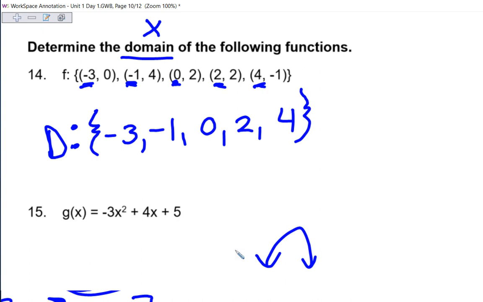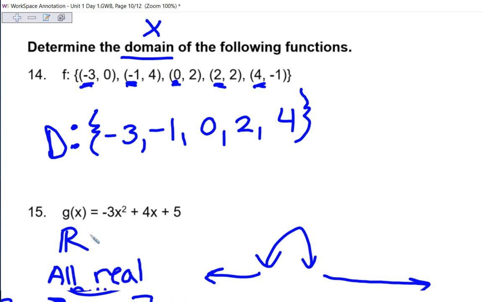Now if I'm looking for the domain, what does domain mean? All of the x values keep going left, and they keep going right, so what's the domain here? All real numbers. There's several ways to write it. You can use that bolded R. You can write out all real numbers.